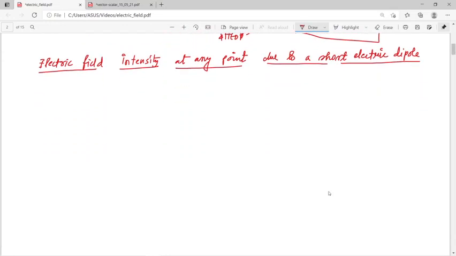Now if you want to find that, just remember, this is the corresponding electric dipole, with a minus q and a plus q, and this is the direction of the dipole.